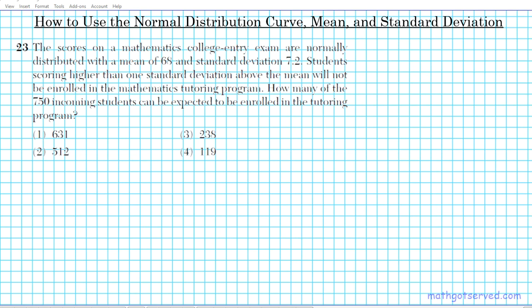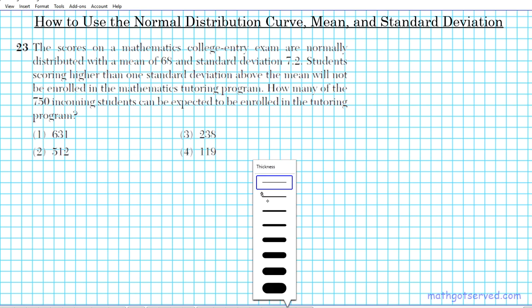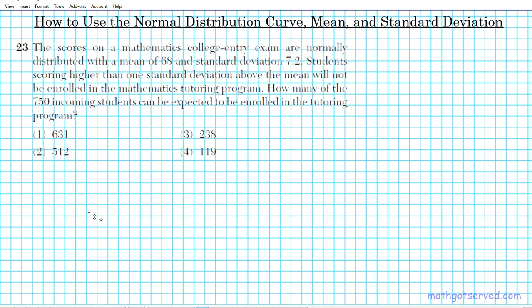Okay. All right. So let me give you a visual of what's going on here, and then we can use our calculators to finish off the problem. So it's indicated here that the scores are normally distributed, so it looks like a typical normal curve. Just a rough sketch here.